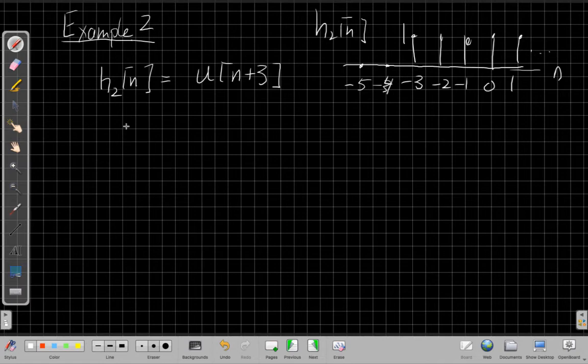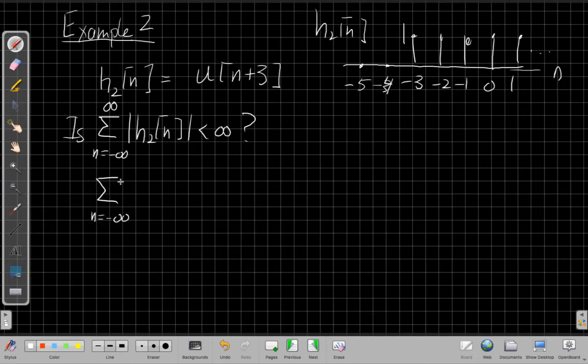So if I was going to check the stability, I need to ask, is the sum as n goes from -infinity to +infinity of the magnitude of h2 of n less than infinity? Well, let's plug in and see. The sum of the magnitude of h2 of n, which is u of n plus 3.